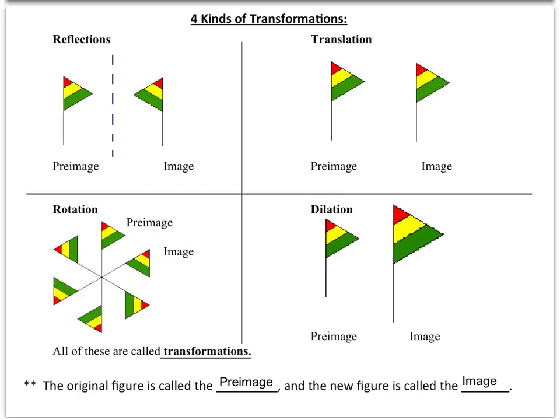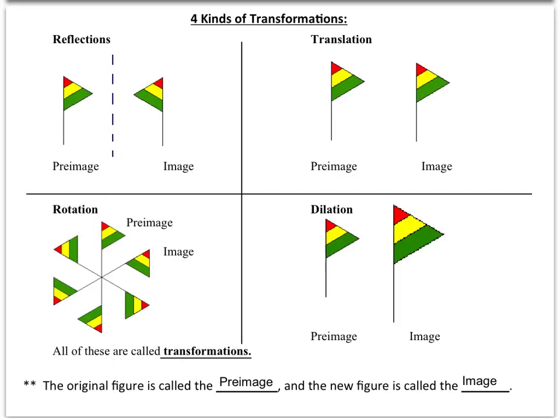The first one we talk about is a reflection, which is where you think like the mirror example. You take a pre-image, the original figure, and you reflect it across some axis. And this could be vertical, horizontal, or oriented in different ways. But it's just the mirror image across some line. Then we have a translation. A translation takes the original figure, the pre-image, and it moves it in some direction.